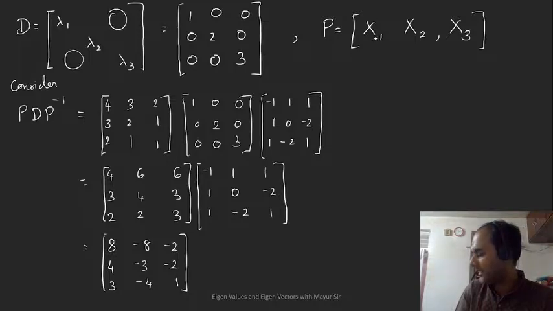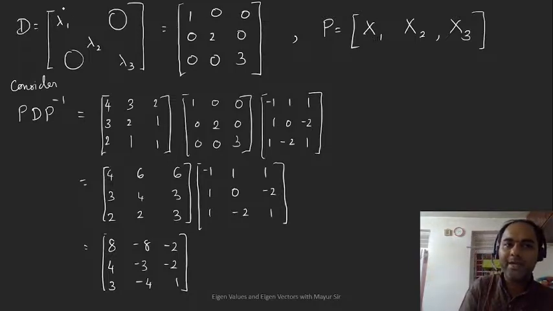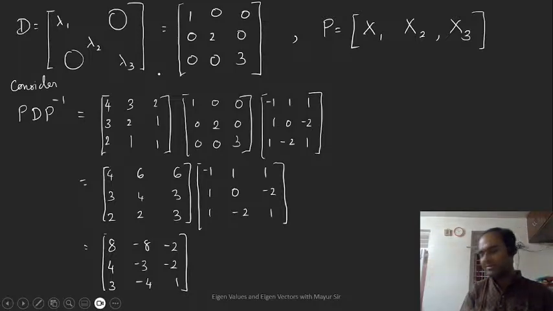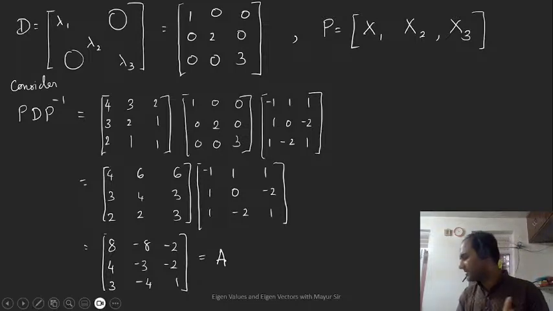You wrote capital X1. So the first eigenvalue in the diagonal will be lambda 1. Second, you have written x2, then you will write lambda 2. Third, you have written x3, then you will write lambda 3 in the diagonal. This is how it is. It has to give you the main matrix back. Yes, so this is capital A. So PDP inverse is A.